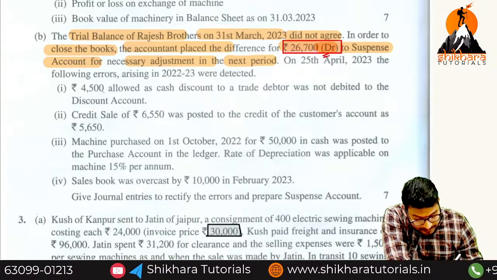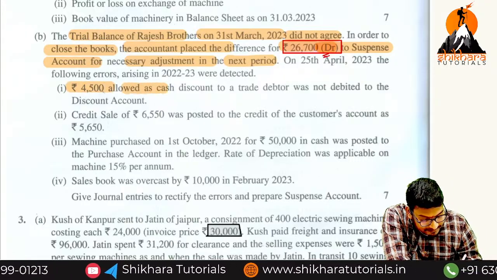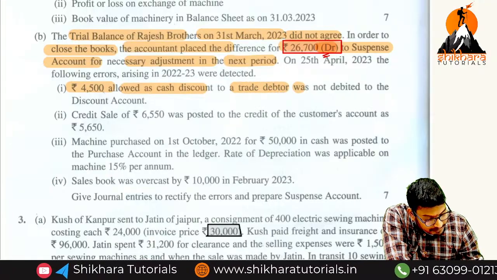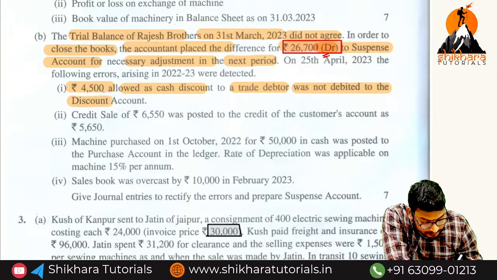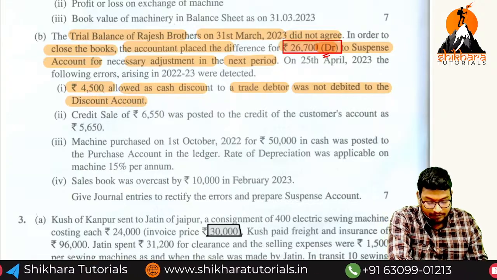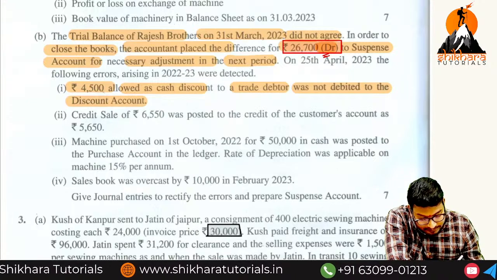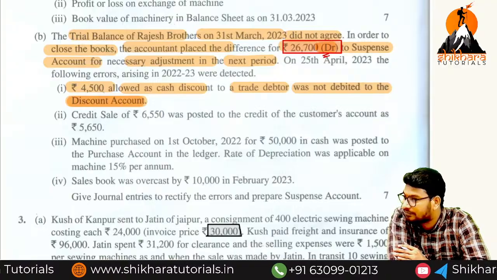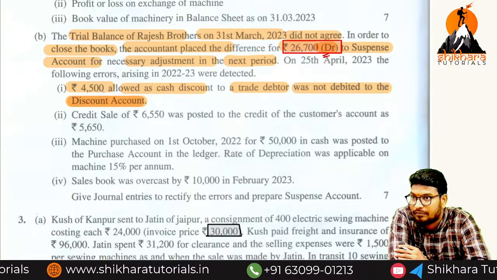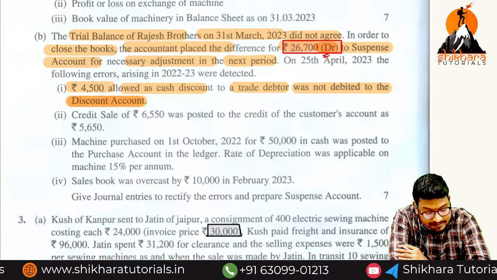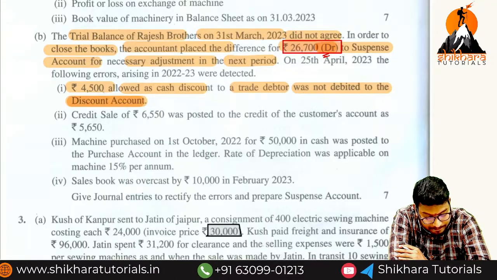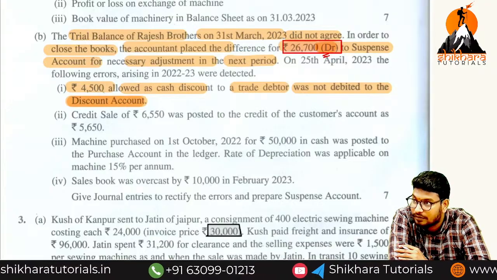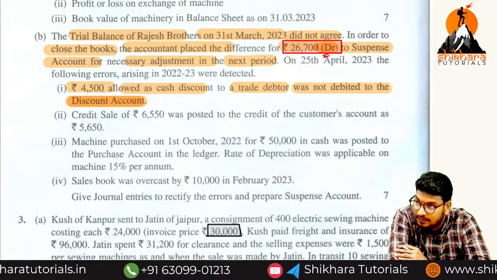Rupees 4,500 allowed as a cash discount to a trade debtor was not debited to the discount account. Here they have not given debited to. Is this an error of principle or what? This is an error of omission.